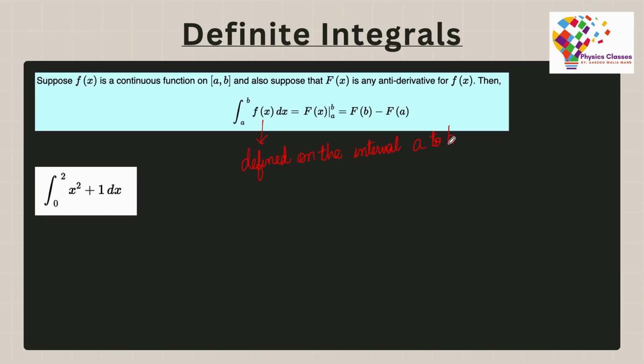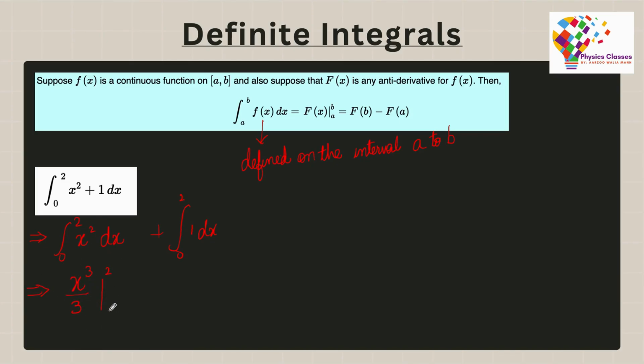Let's say I want to integrate x square plus 1 dx over the limit 0 to 2. Now we separate out x square and 1 dx and integrate. X square integration would be x cube by 3 and 1 dx integration would just be x. Now I substitute the limits 2 and 0.